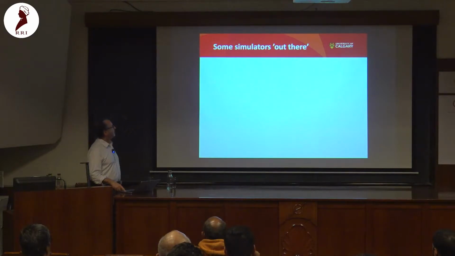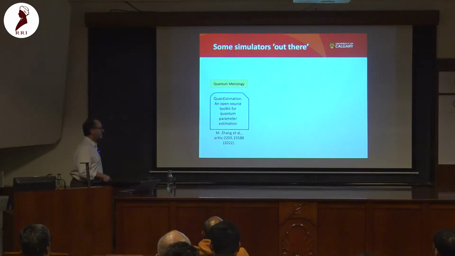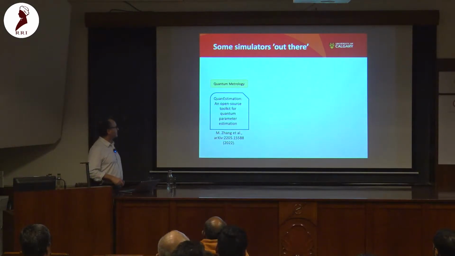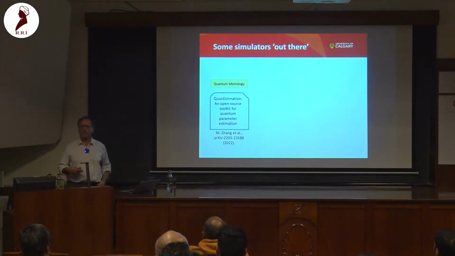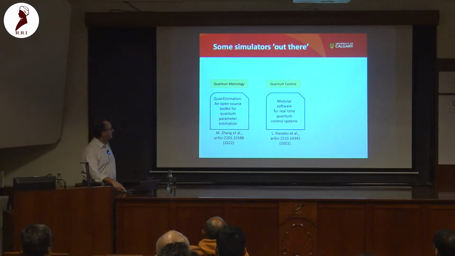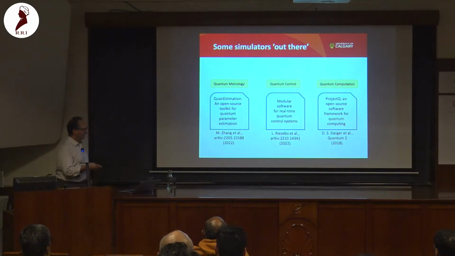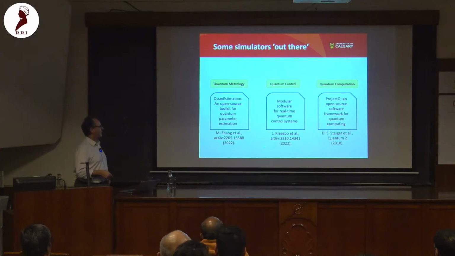Okay, so this is just a background on simulators out there. This gives us a context that more and more there are toolkits being developed. And this slide, when it finishes, is just giving you an idea of some recent work. You can see this whole idea of developing these toolkits is becoming increasingly popular. In 2022, quantum parameter estimation, real-time quantum control systems, quantum computing.